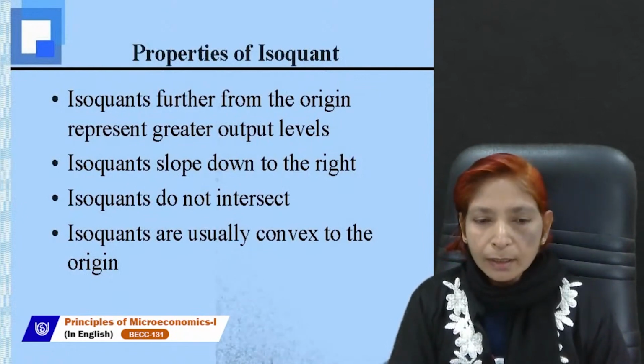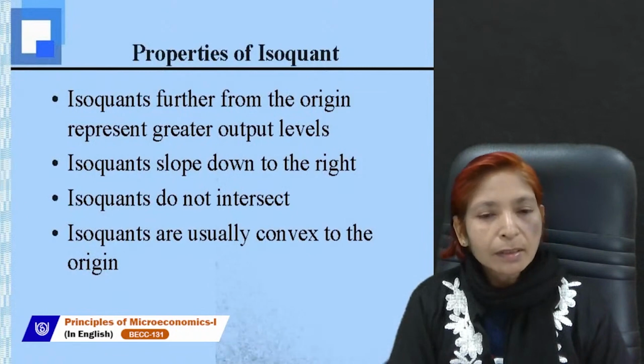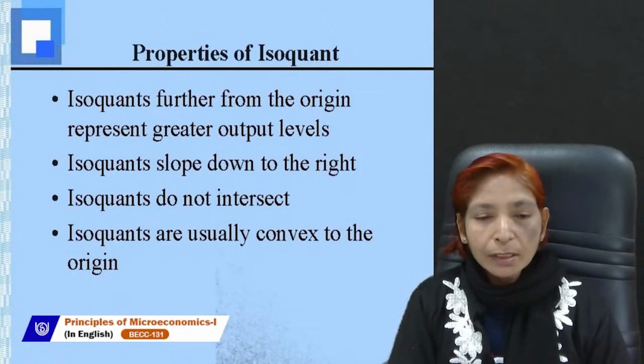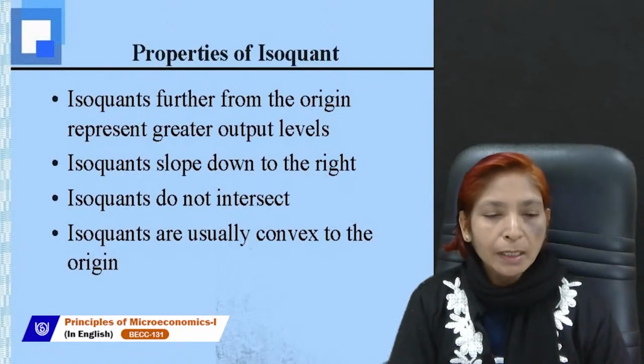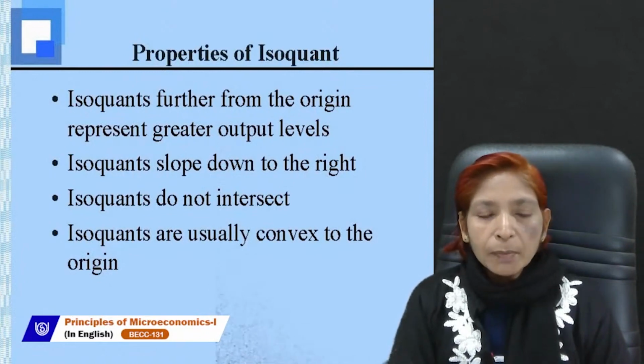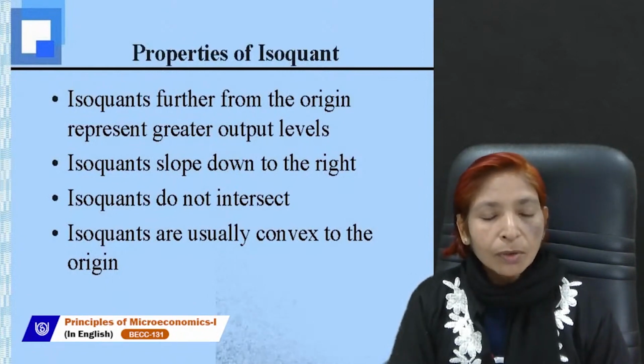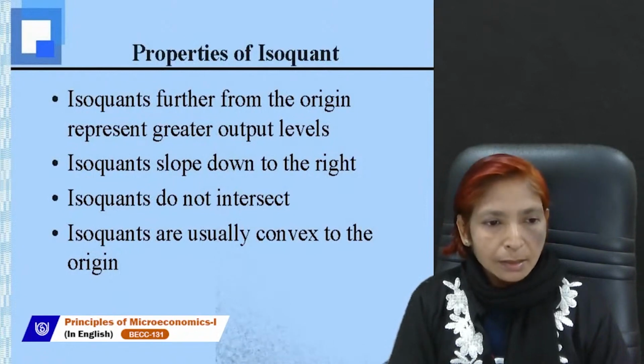Isoquants do not intersect each other, same as indifference curve. As I have discussed with you indifference curve in consumer behavior analysis theory, same as indifference curve, isoquant also does not intersect. Because if indifference curves intersect each other, it will give us inconsistent result.